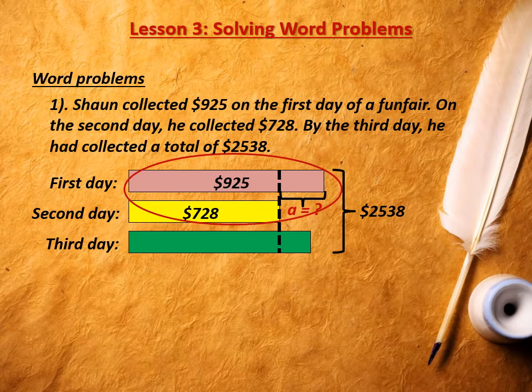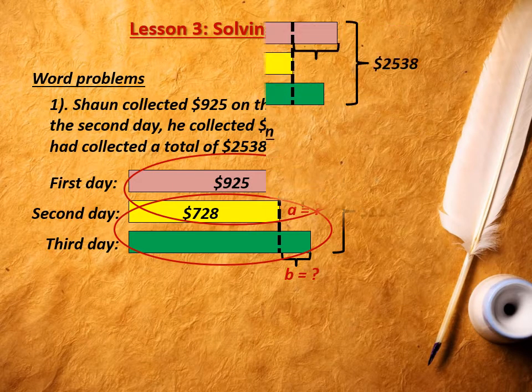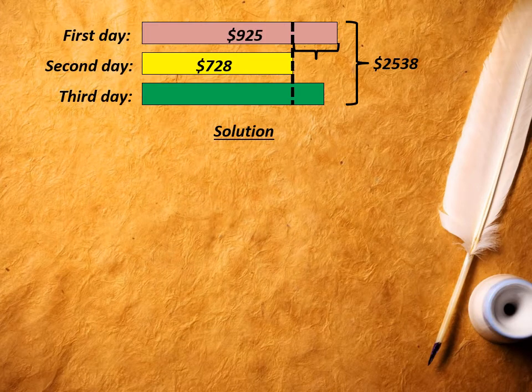Now you look at the model. On the first day, it is $925. On the second day, it's only $728. What you are finding is the decreased data from the first day to the second day. How much is it? I'll go to the solution of the word problem.